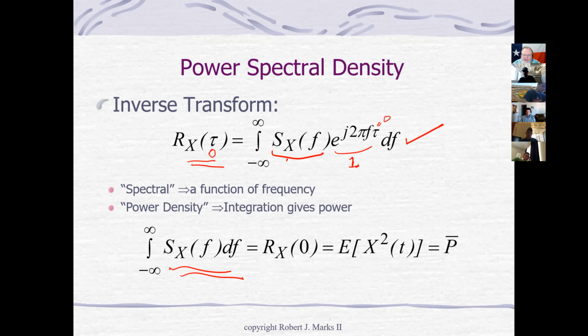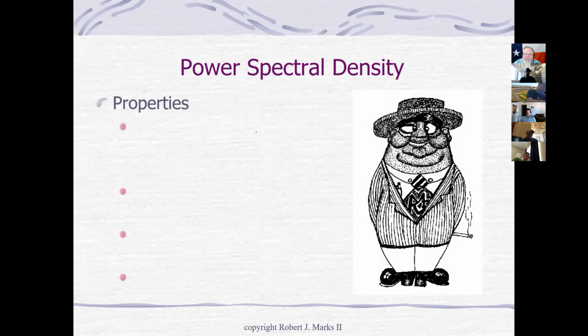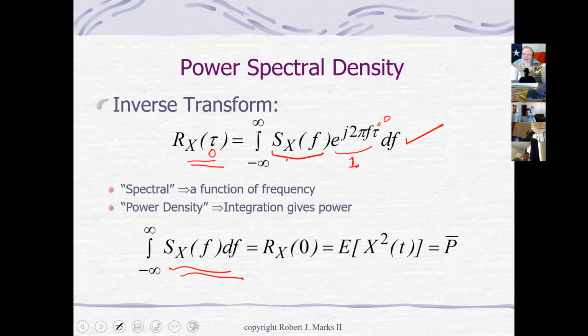So this being the case, we have that the area under the power spectral density, my pen quit working, daggone it. Come on, you silly pen. Okay, there we go. I think we got it. No, we don't. Okay.